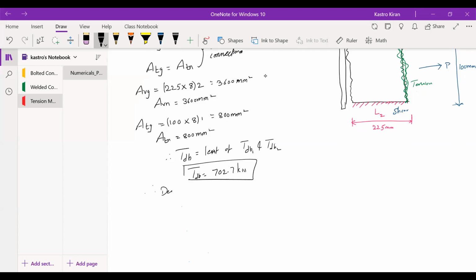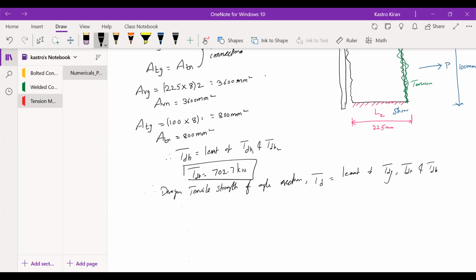Therefore, the design tensile strength of the angle section, because the angle section is given in our problem. Therefore, the design tensile strength of the angle section, that is TD, equals the least of TDG, TDN and TDB.